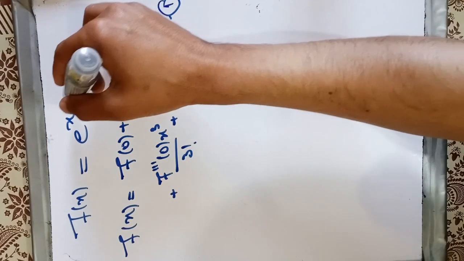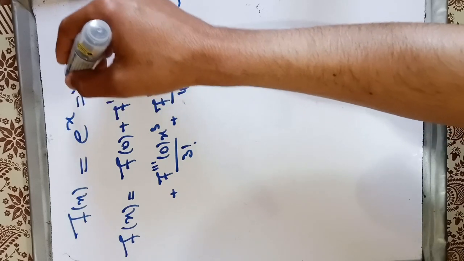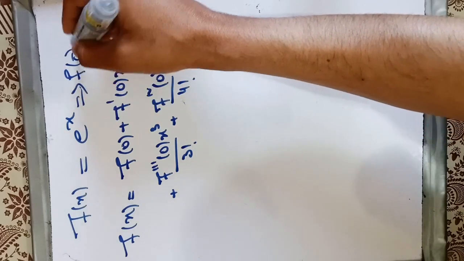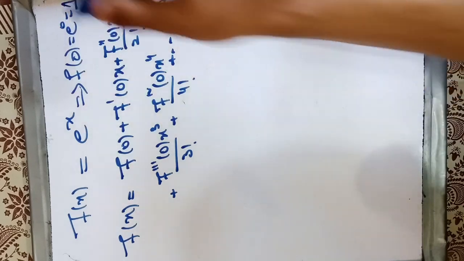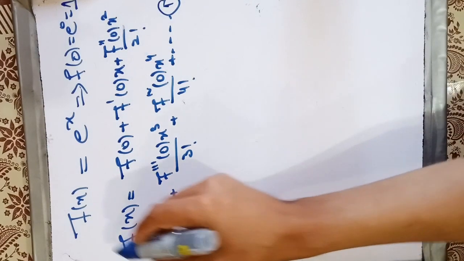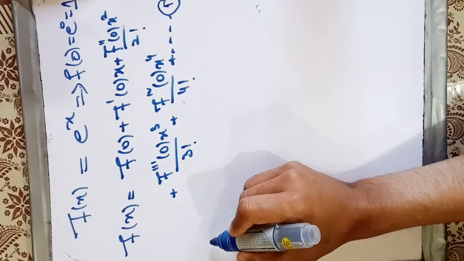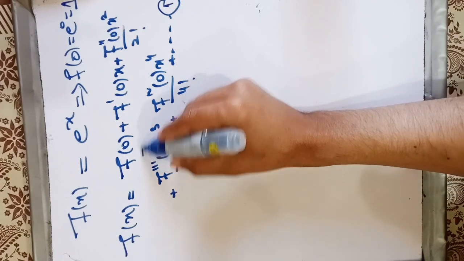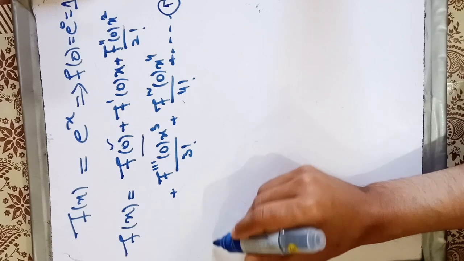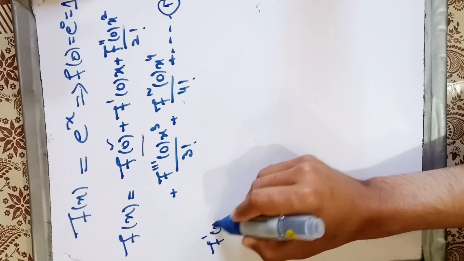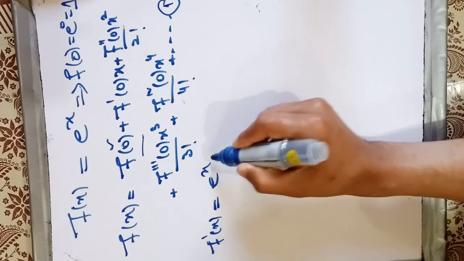So if there is a function f at x equal to e power x, then f at 0 will be e power 0, which is equal to 1. Also, because f at 0 is clear, now for f prime at 0 we need the first derivative, and that is e power x.